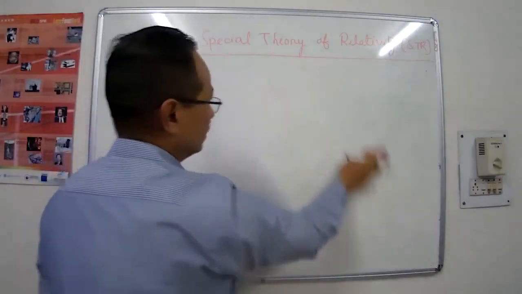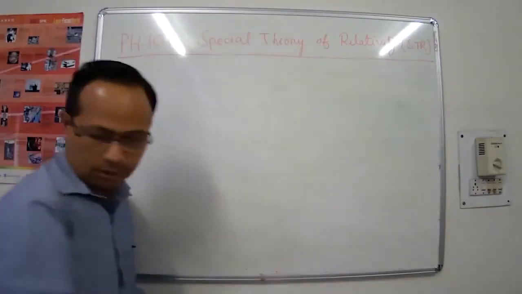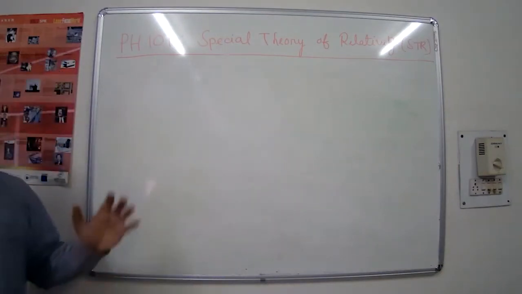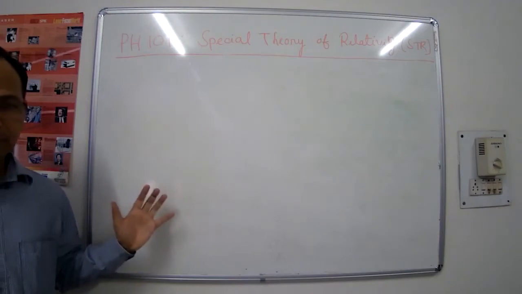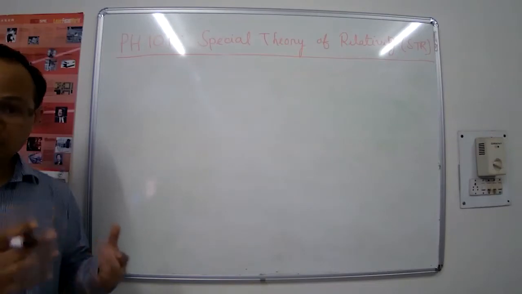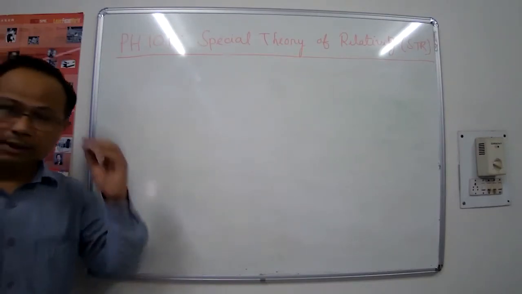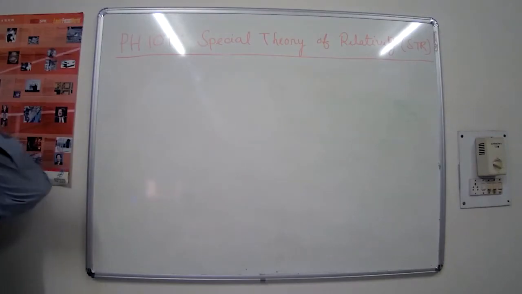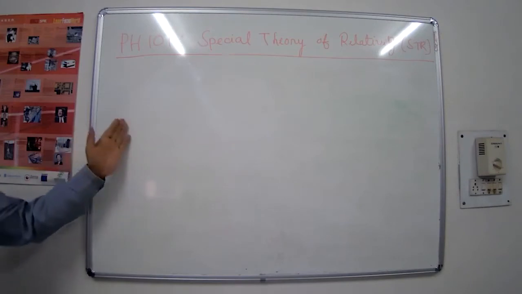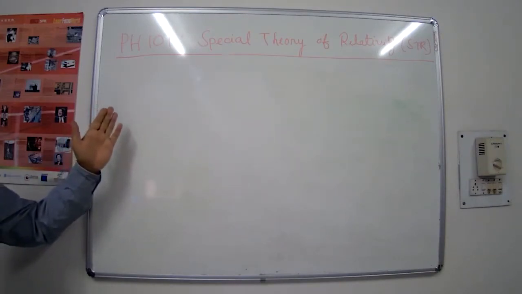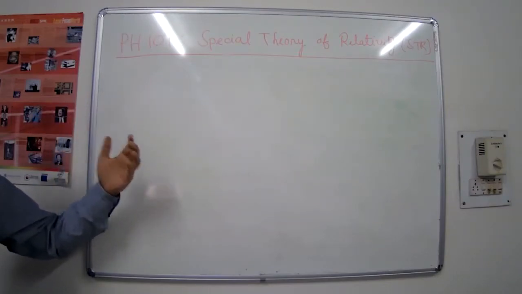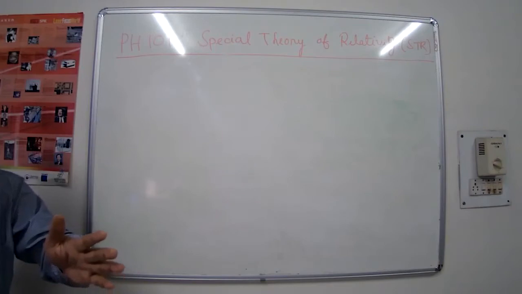But here comes another question. Now that we are saying that when the body is moving with the speed of light, Newtonian mechanics is not sufficient, you need a different kind of mechanics called relativistic mechanics to explain the various phenomena. One question is, will relativistic mechanics be required when the speed is not comparable to the speed of light?